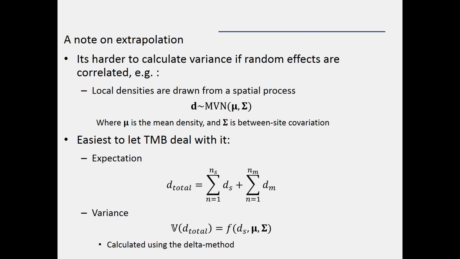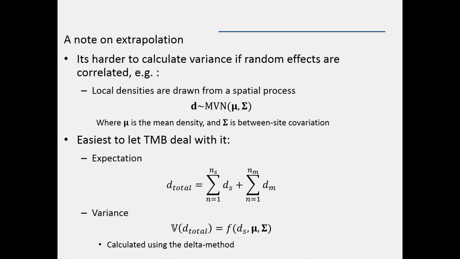And so usually the best way to calculate the standard error or the predicted variance for some derived quantity is just to calculate it internally in TMB, including how it depends on random effects for sites you have data for, and random effects that maybe you don't have any data for, and it depends on the parameters that you're estimating and have some variance, some standard error.